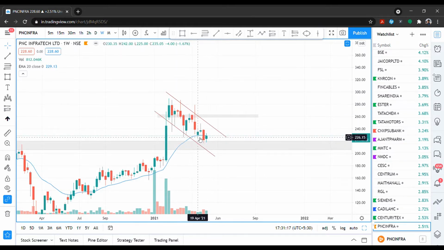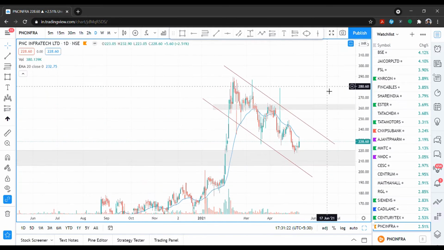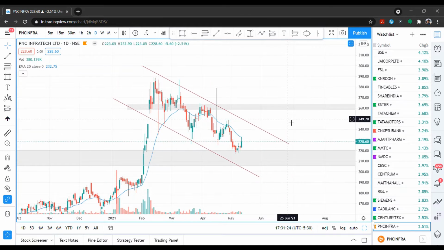If you go to the daily time frame, this is the latest swing high. As soon as the price breaks out of this latest swing high as well as this trend line, you can execute a trade here.